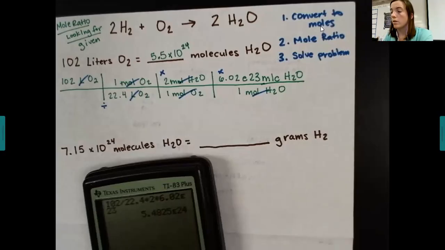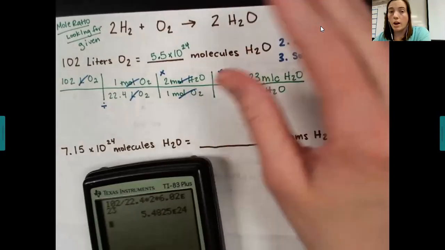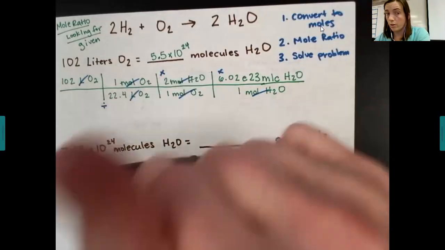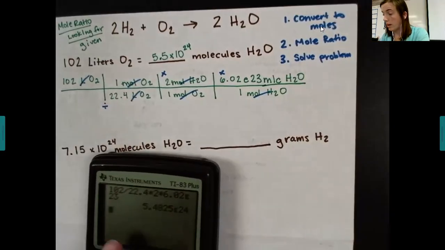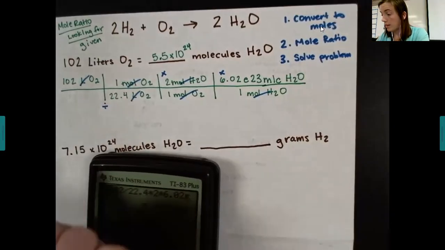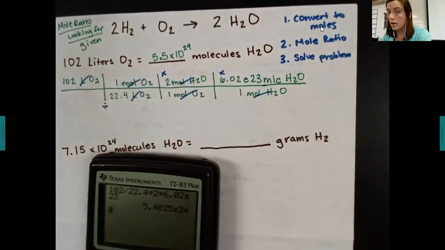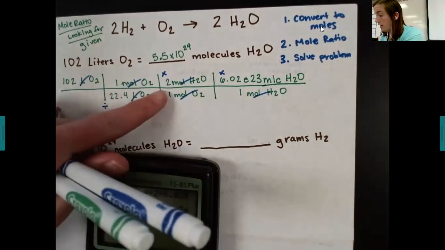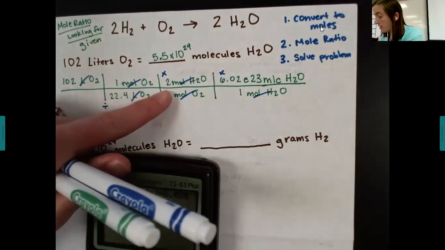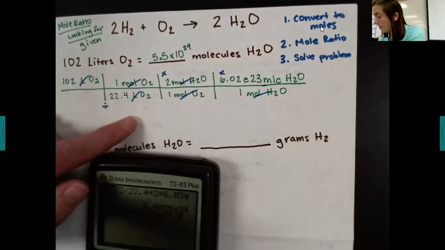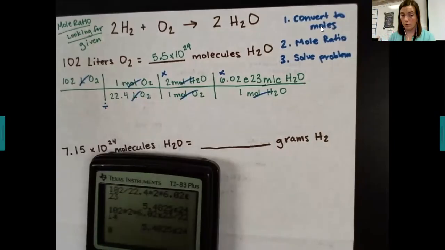Now, there's a lot of numbers. I don't want you guys to stress out about dividing and multiplying in the right order. Here, I went left to right, dividing and multiplying where I needed to. But I could have done 102, times 2 times 6.02 E23, and then divided by 22.4 in the end, and I still get the same number.